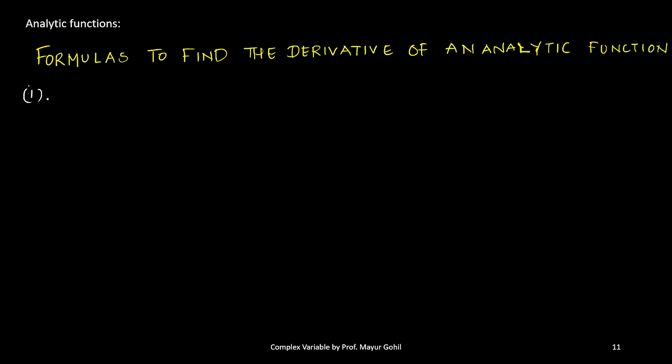We already have that f of z equals u plus iv, right? So when we take the derivative, f dash of z is ux plus i vx. You can call this dabba u by dabba x plus i times dabba v by dabba x.